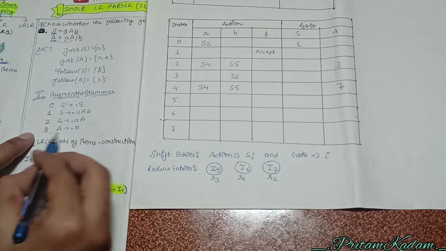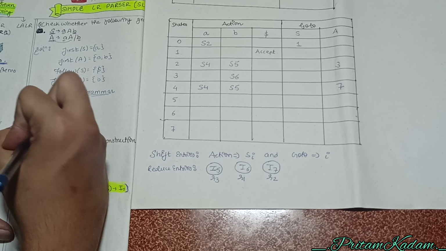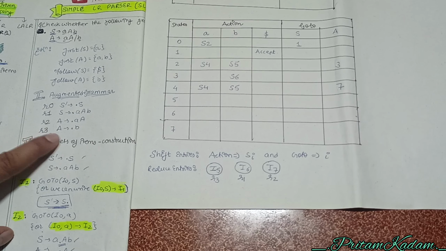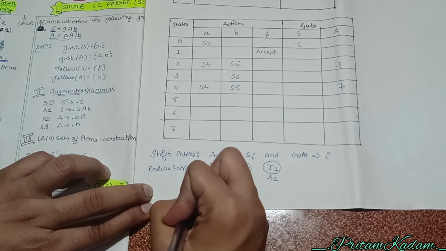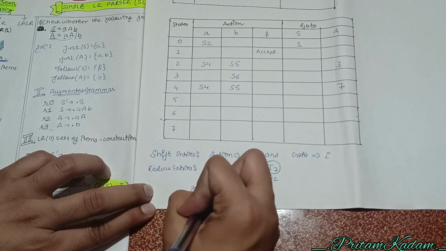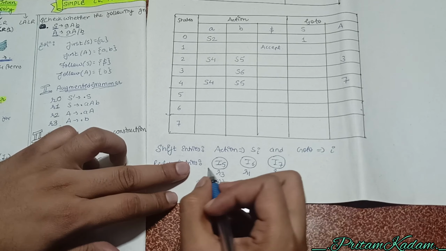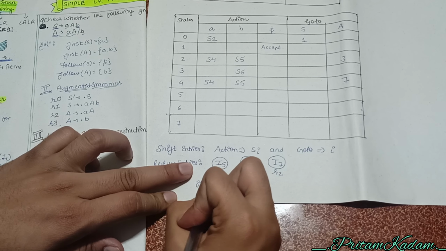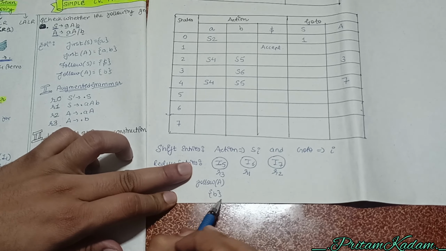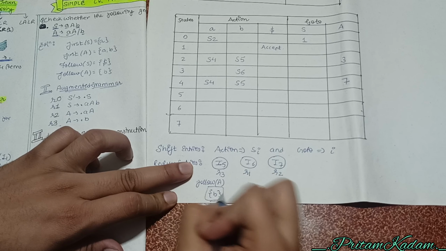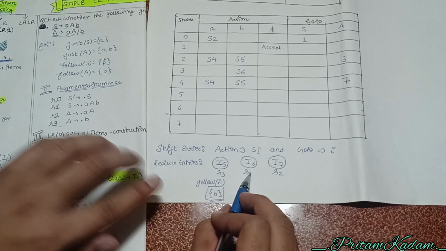Like that, don't be confused. So we will write follow of A, which is the small b only.